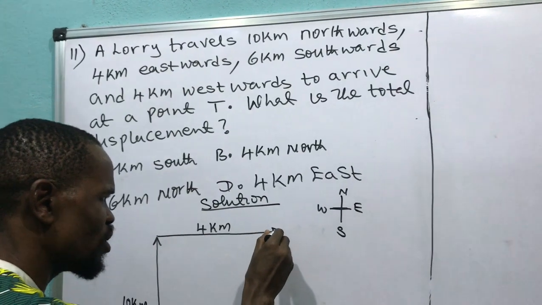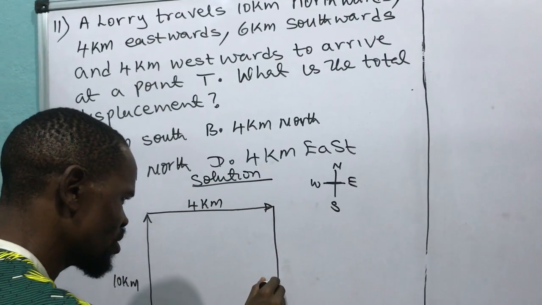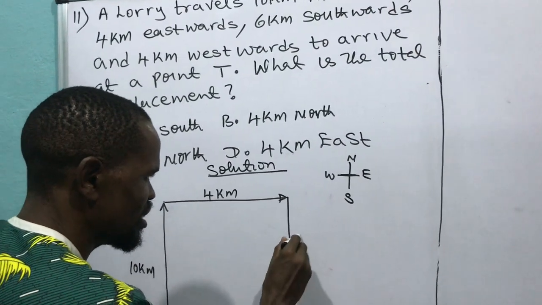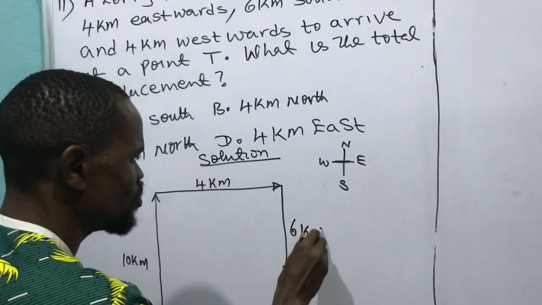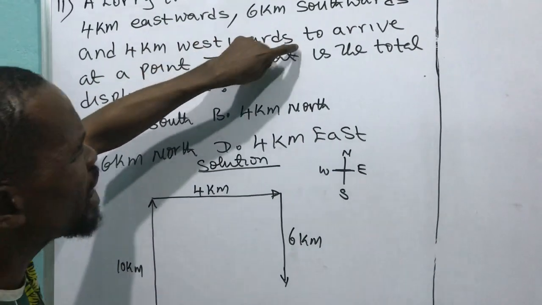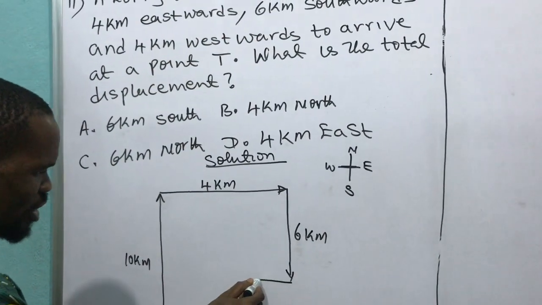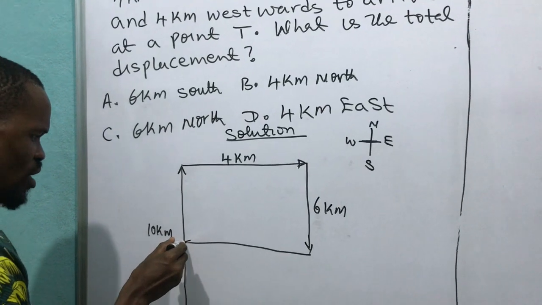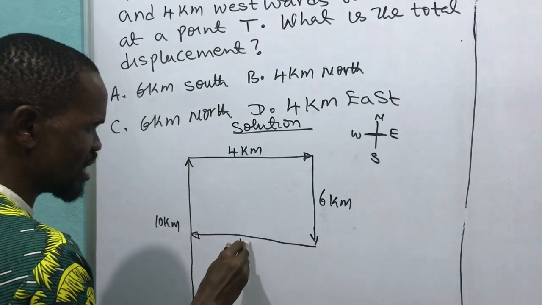He traveled 6 kilometers southward. What again? They said 4 kilometers westward. Then he traveled 4 kilometers westward.